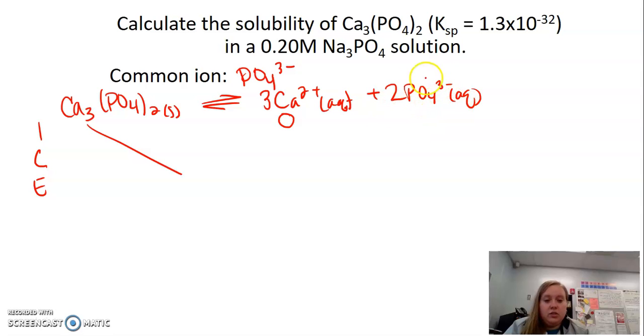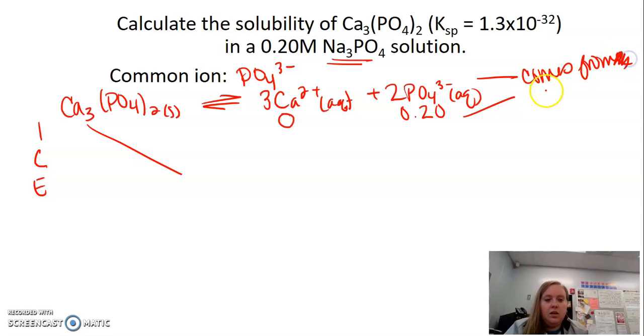The concentration of the phosphate ions is going to come from this solution right here, so its concentration is going to be 0.2. And remember again, these two are coming from the sodium phosphate solution.